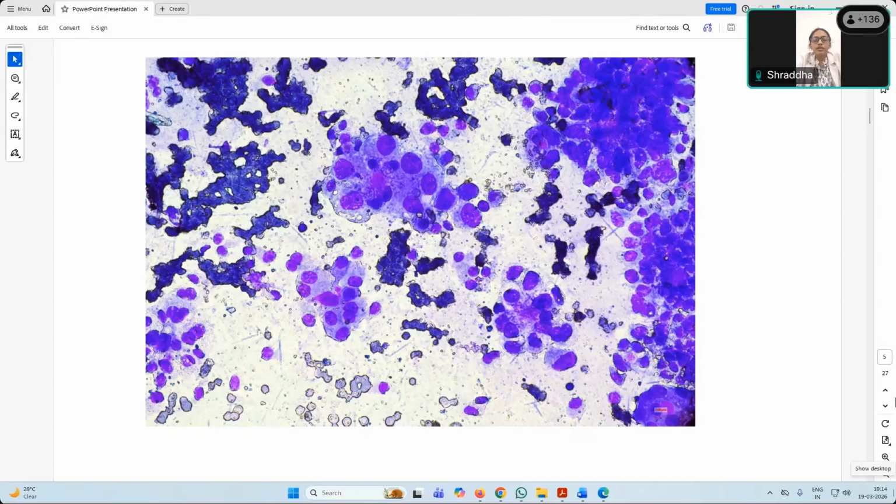Will CK7 and 20 help you for the breast? Partly. Okay, how? CK7, breast can be CK7 positive and CK20 negative, ma'am. We can have three DDs for that: lung, breast, and thyroid. All three can be CK7 positive and CK20 negative.